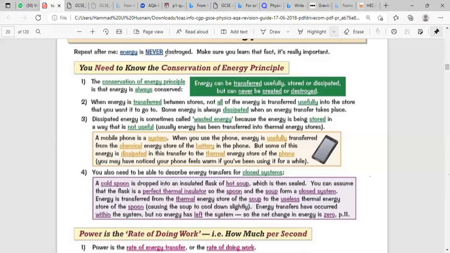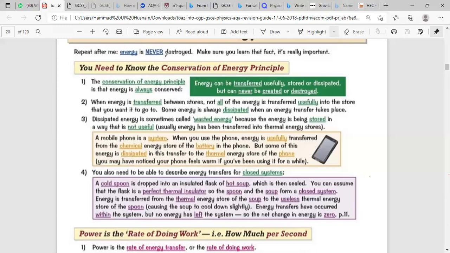Basically, you can read this second point: when the energy is transferred from one store to another, not all the energy is transferred to the store which you want it to be converted to.